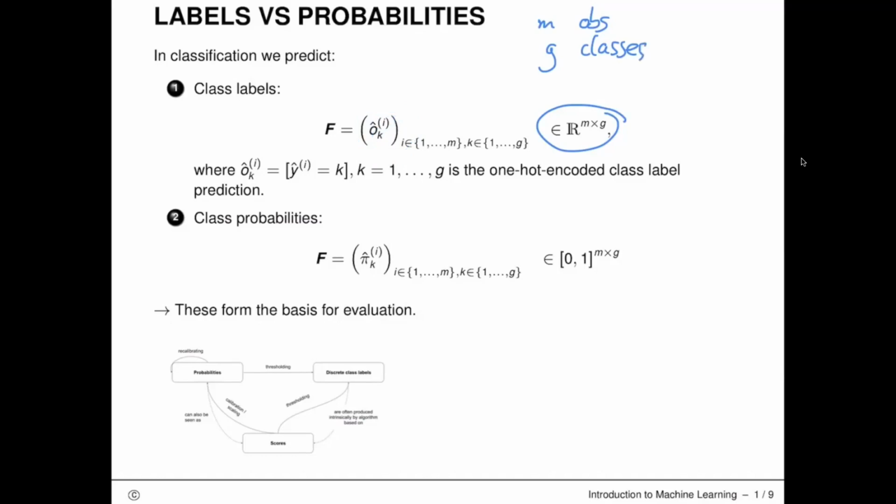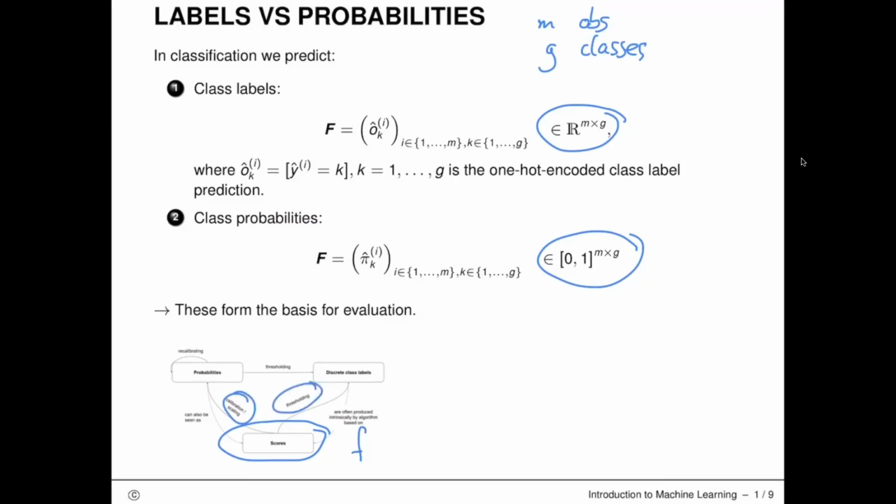Alternatively, we can look at the class probabilities. The class probabilities will be between 0 and 1, but the dimension is the same as for the class labels. Alternatively, we've spoken about predicting scores, which we called f as well, so a lowercase f. And we can compute from the scores the probabilities via calibration or scaling, and from the scores to discrete class labels via thresholding.